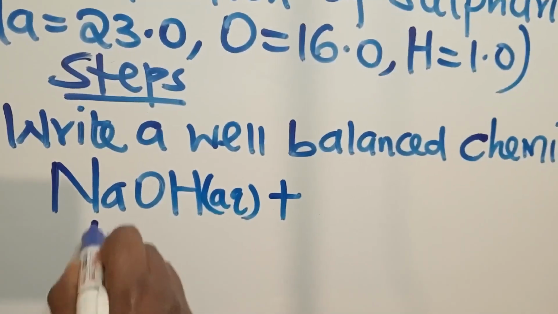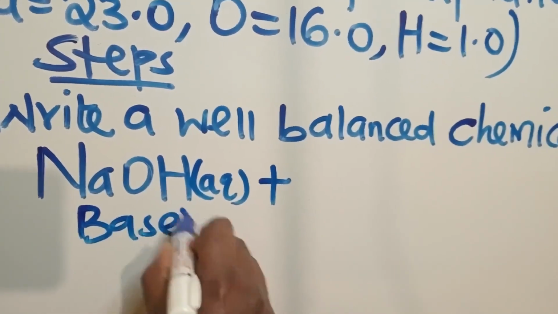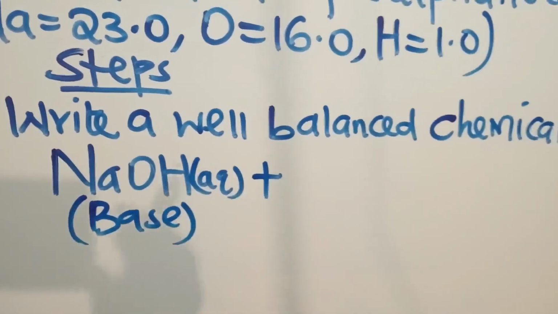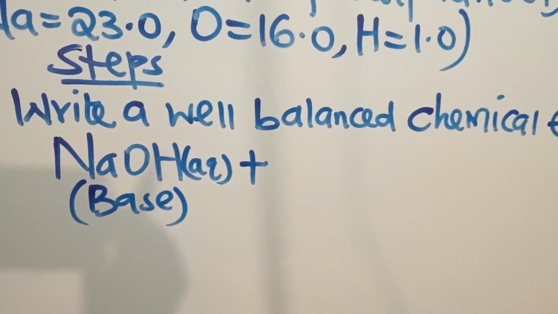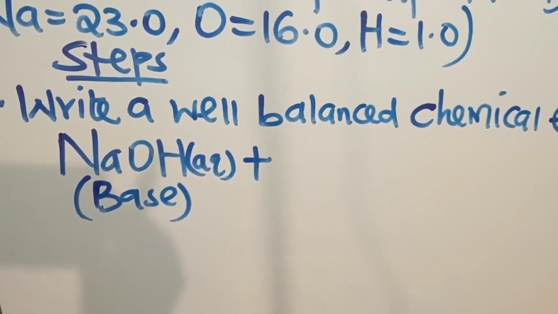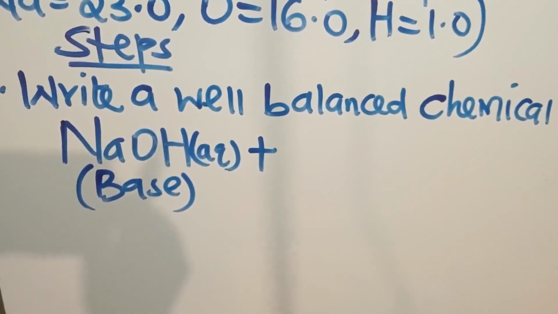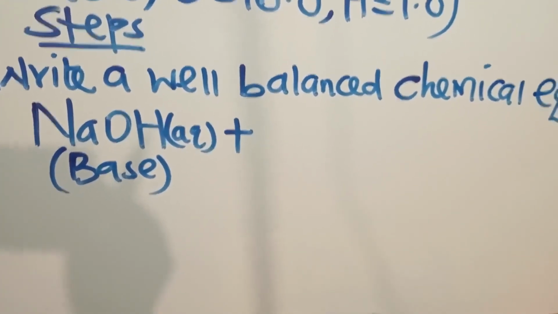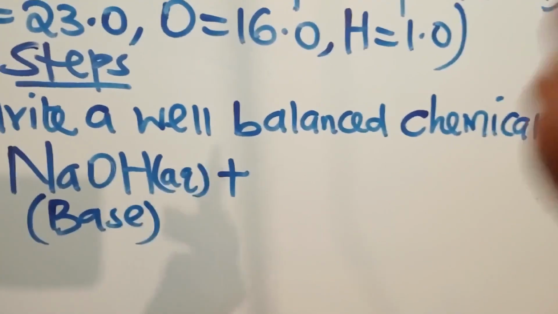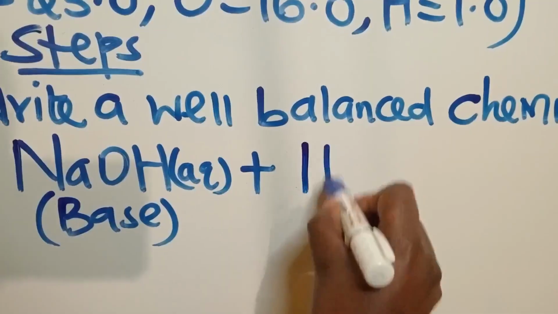So this is a base, and being a base that is from a group 1 metal, it is an alkali, and so it is soluble, and so the state symbol is aqueous. Then we have the acid, sulfuric acid.